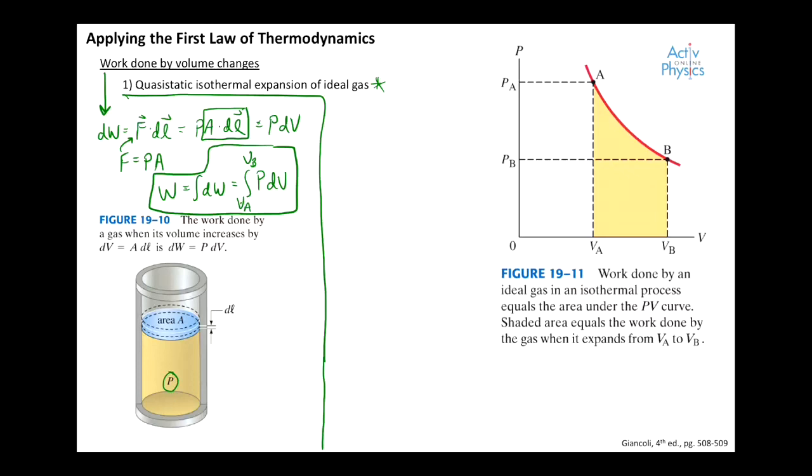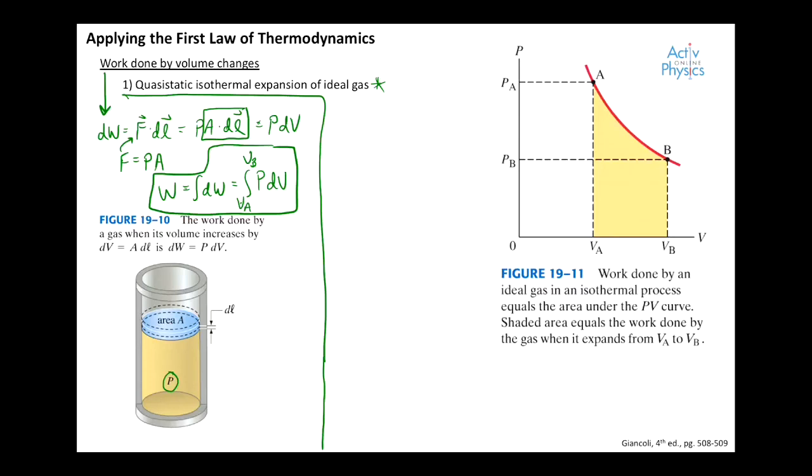So when we say quasi-static, you might imagine that literally the piston moves just a little bit such that the volume and pressure both change, but in a way that now I have sort of a new static situation. I'm not moving in such a way that now I have differences throughout the gas. So we change it a little bit, establish a new pressure and volume, change it a little bit, establish a new pressure and volume.